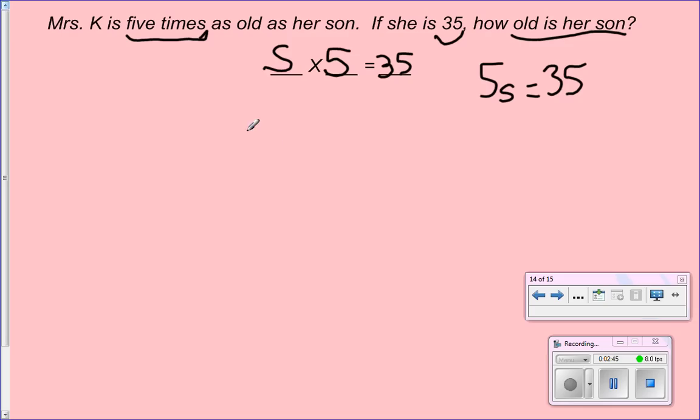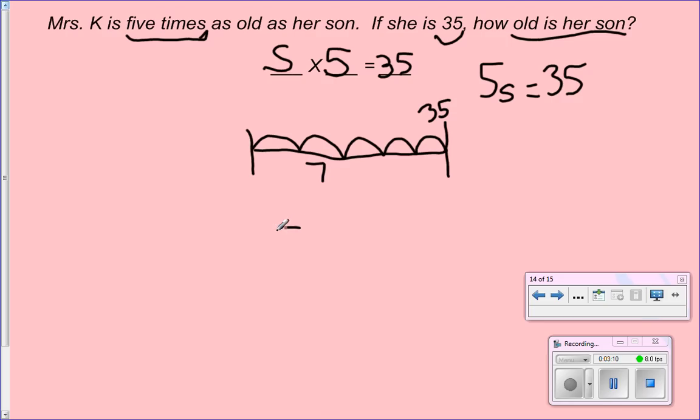So if I wanted to solve this using a visual model, I'm going to set up my number line, and I'm going to put 35 as the target number over here, and I'm going to show that you have to take her son's age 5 times to get to 35. And so if we know that takes 5 bumps, we know that each one of those would be worth 7.